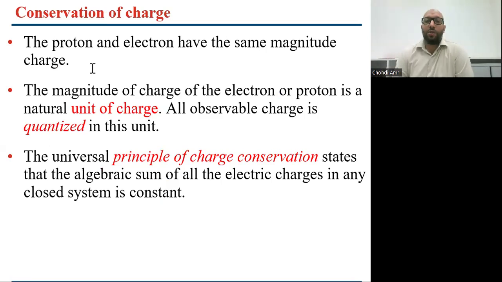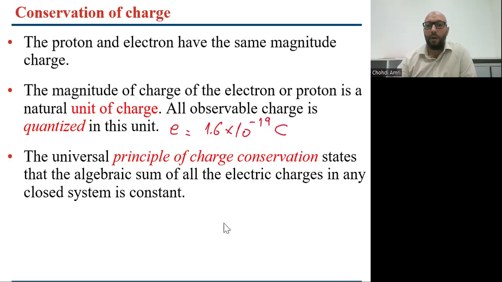The magnitude of charge of the electron and the proton is the same. It's equal to e, something that we call the unit of charge. This unit of charge e is equal to 1.6 times 10 power -19 Coulomb.